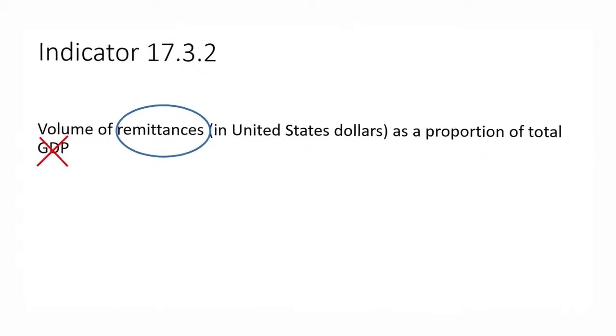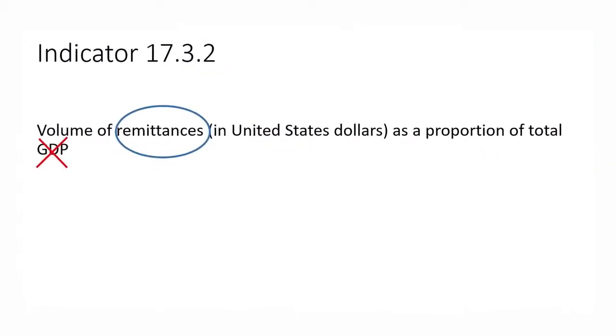The general government covers central government, state government, and local governments, and the social security funds. Take their budgets together and compile the total taxes as a percentage of this. And then you have SDG indicator 17.1.2. The last missing SDG indicator is 17.3.2, volumes of remittances in US dollars as a proportion of total GDP.